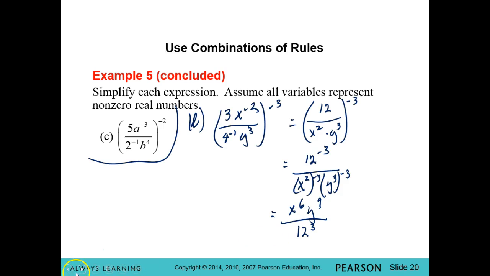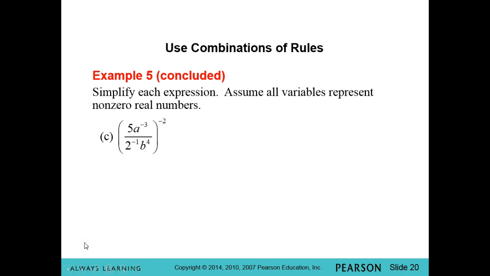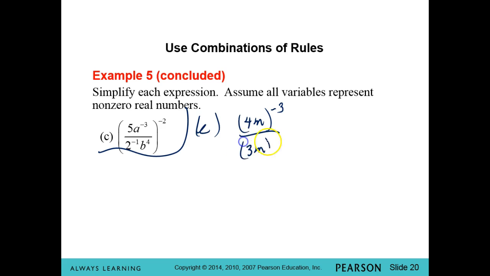Let's do E quickly. Okay. 4m to the minus 3 over 3m to the minus 4. What would that be? And second, flip and see what you get.